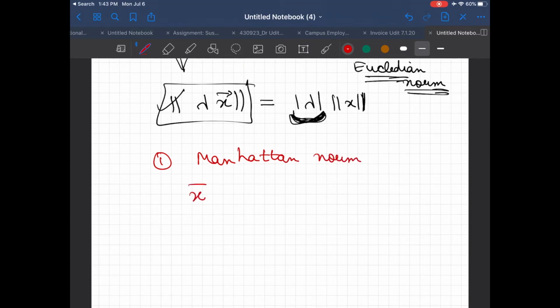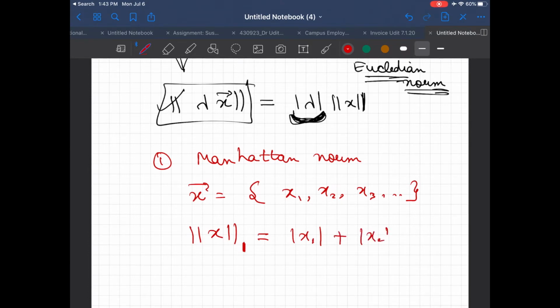So if we are given a vector x and it has various entries x1, x2, x3 and so on, I'm writing this in a row form just for convenience, and we define the Manhattan norm as norm of x, order 1, equal to modulus of x1 plus modulus of x2 plus modulus of x3 all the way till xn.